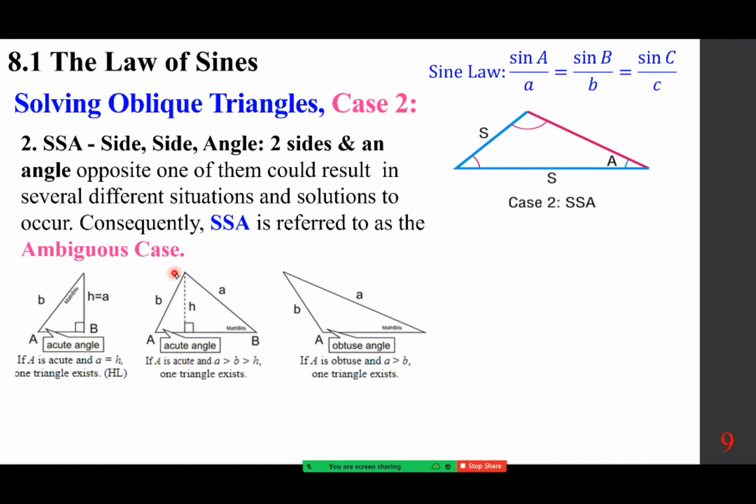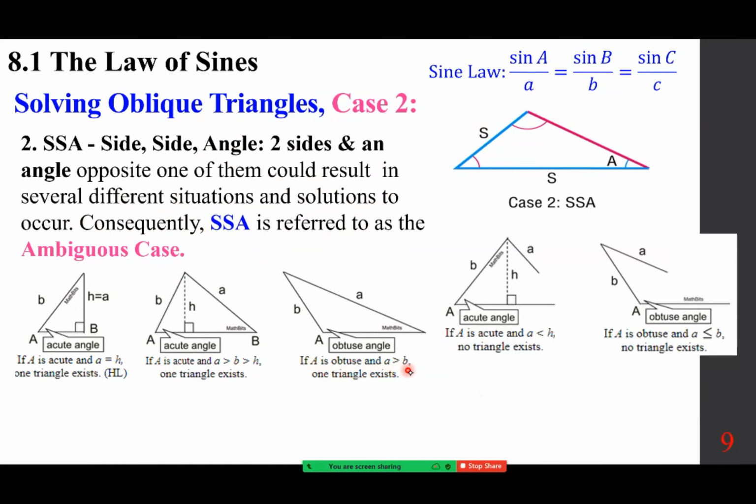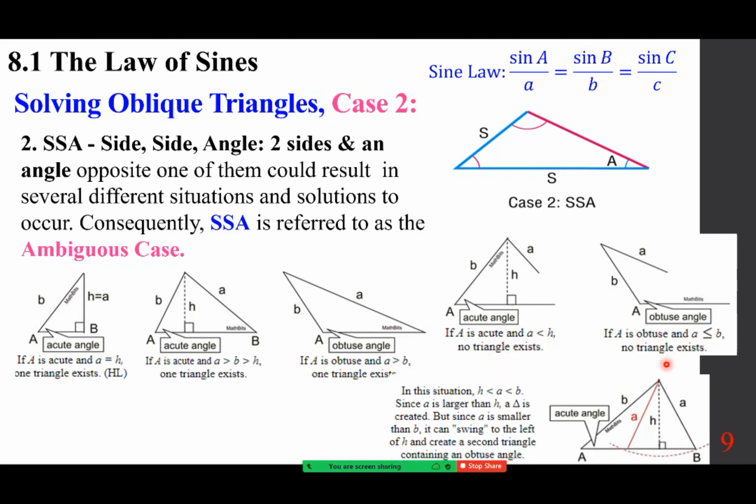We may end up with one answer if A is acute and a equals h, if A is acute and a is larger than b, or if A is obtuse and a is larger than b. We may end up with no triangle when a is less than h, and if A is obtuse and a is less than or equal to b, there is no triangle.